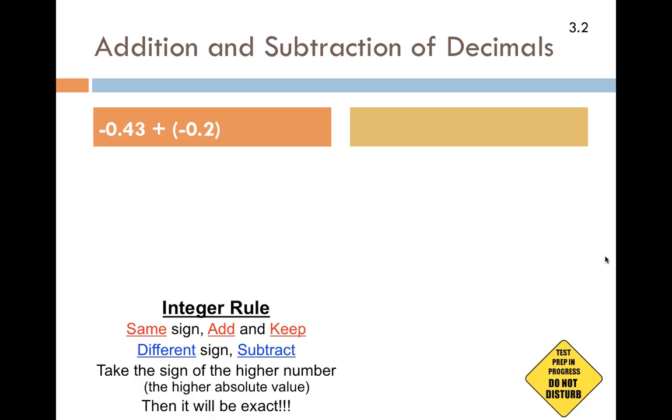Now we've got some algorithms or processes that we use for different operations. Does anybody know the rule for adding and subtracting decimals? So how do you guys think we add and subtract decimals?